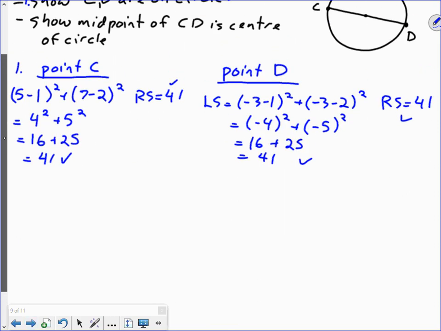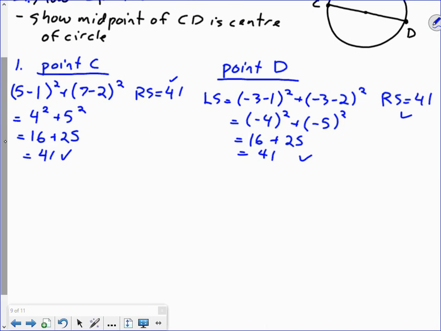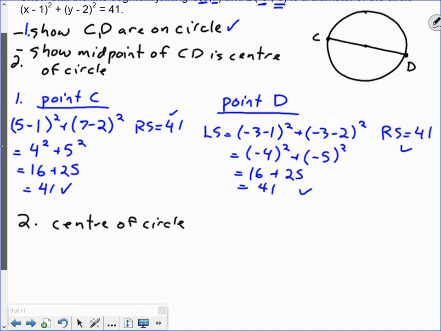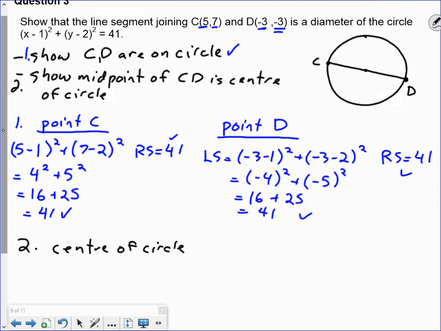So step 2, show that the midpoint of CD is the center of our circle. First off, what is the center of the circle? Well, if we go back up to our equation here, we can see that the center of our circle is not going to be at 0, 0, because we've got the brackets here, (x minus 1) squared and (y minus 2) squared.